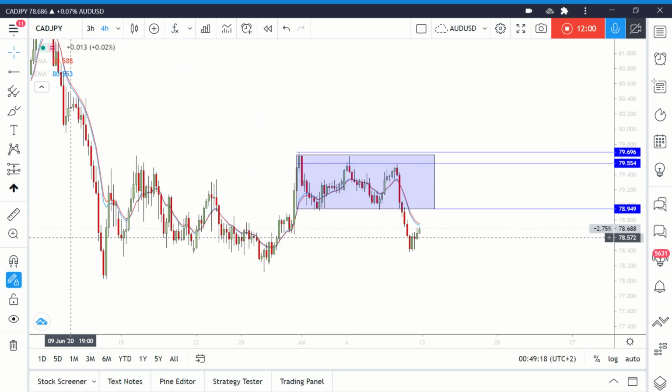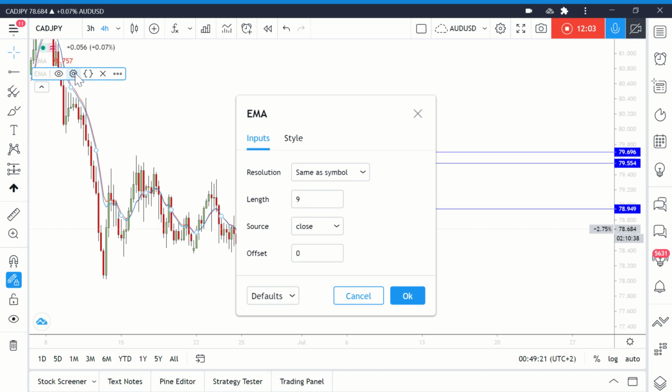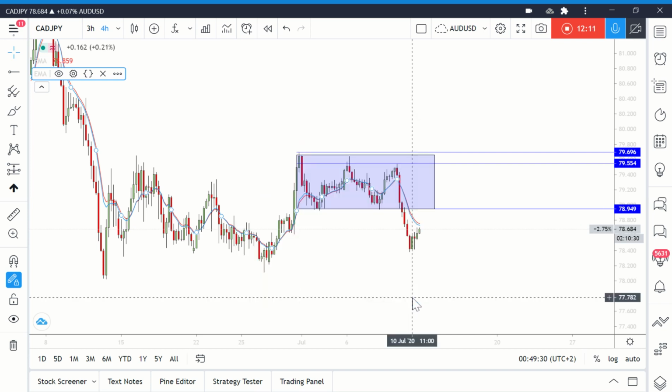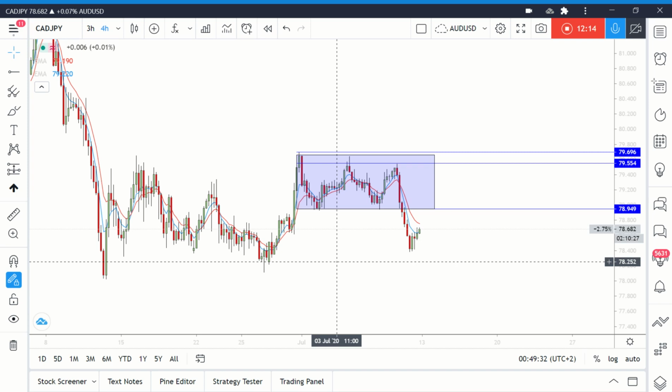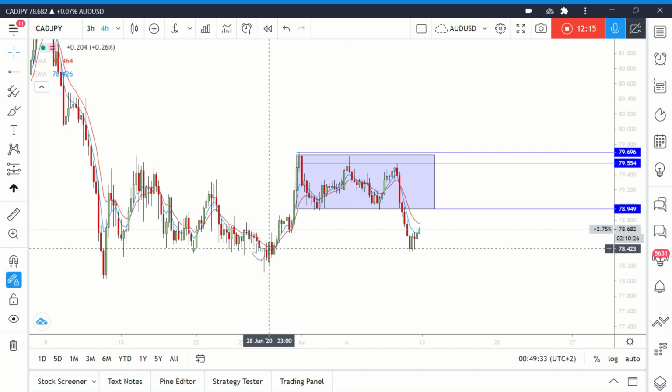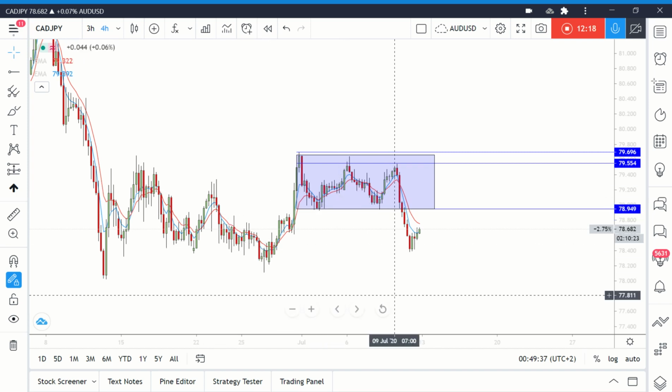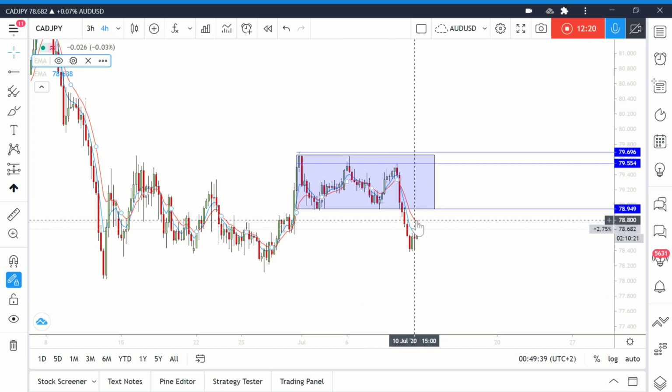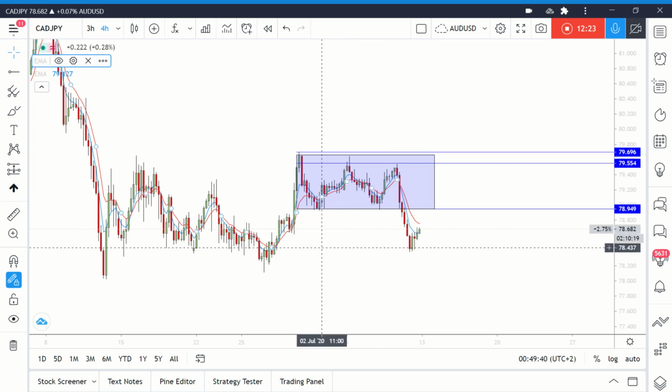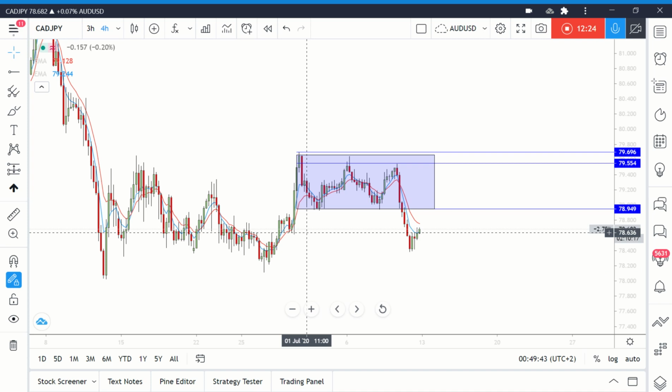But if you've taken the course before, you should be very acquainted with EMAs. I'll just change the setting of the EMA in blue, and I'll make this 5. So the 5 EMA is going to be the one in blue, and in orange I have my 10 EMA, right?